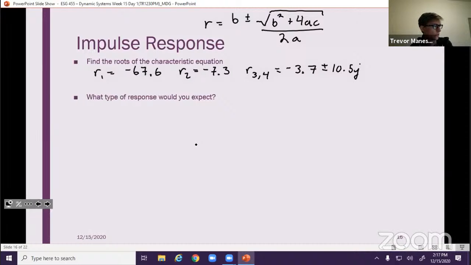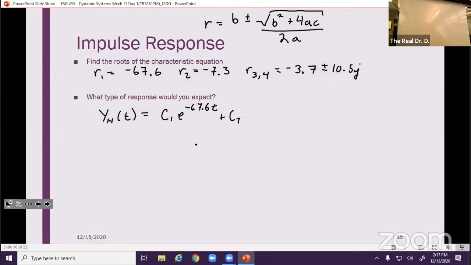Distinct real roots mean stable exponential when they're negative. And then you've got a negative real portion and complex conjugate, so you are automatically expecting it to be underdamped. And if you were to give it the old differential equations treatment, you get something of this form. Not e to the e, that'd be weird. E to the e to the e.